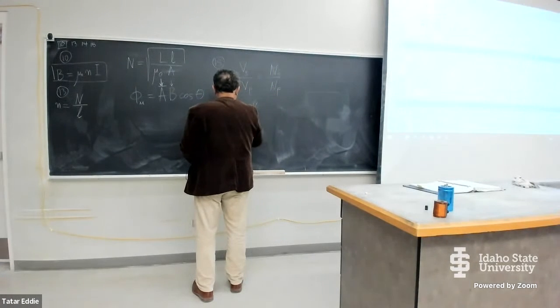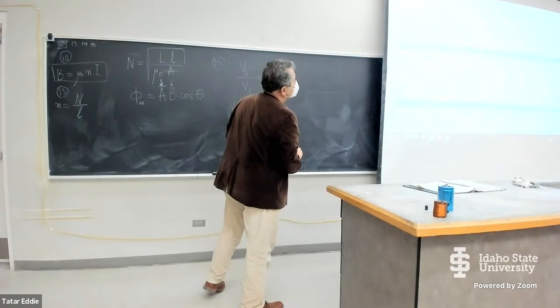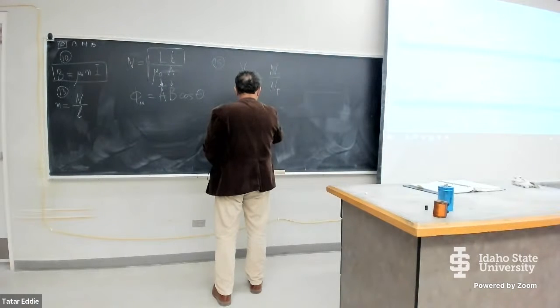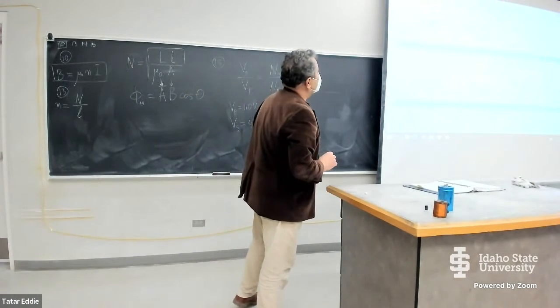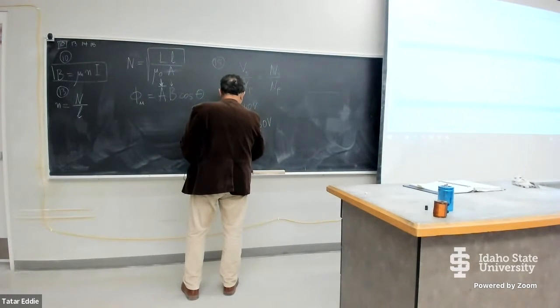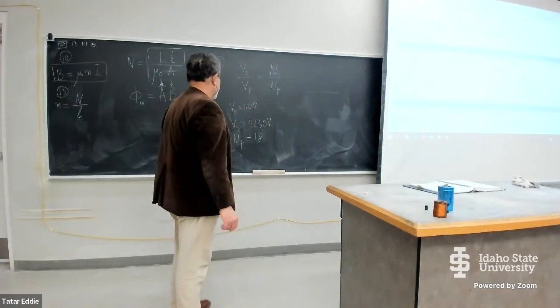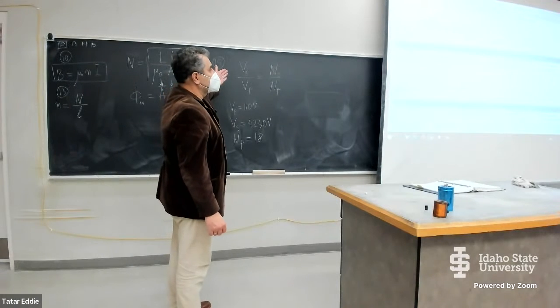They tell you that voltage in the secondary, for my version, is 4,230 volts. And the number of turns in the primary is, for my version, 18. So solve this expression for the number of turns in the secondary.